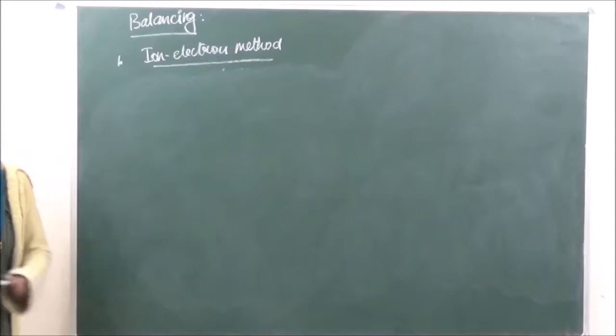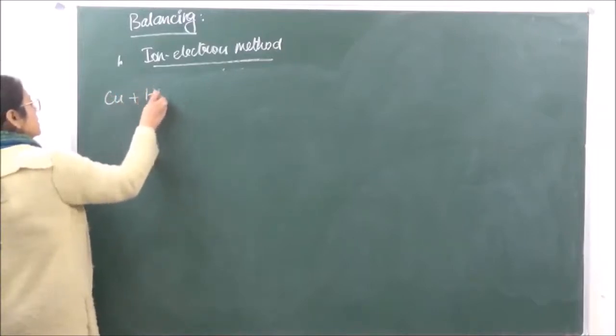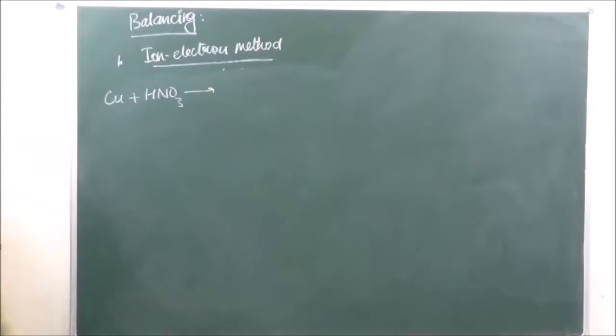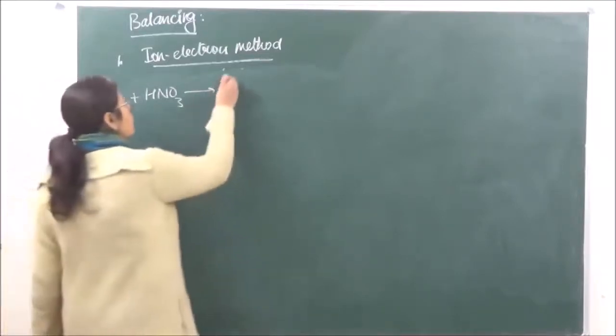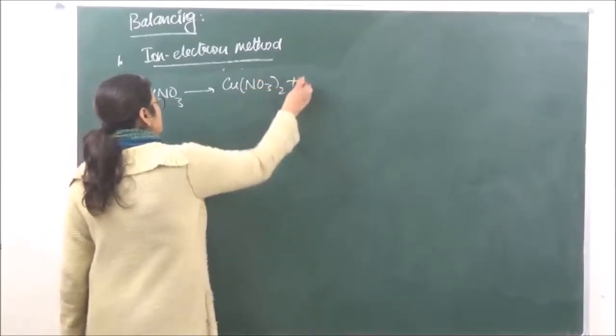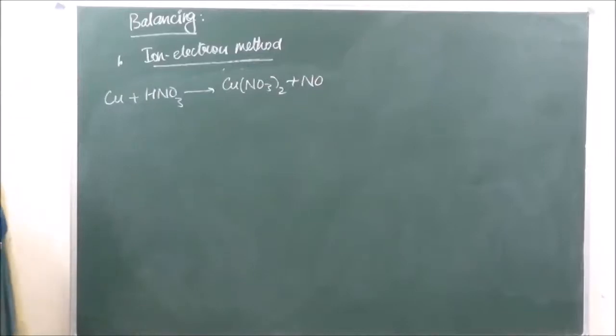Let's consider another reaction which has to be balanced. The reaction is Cu plus HNO3. This is going to give us Cu(NO3)2 plus NO and plus H2O.